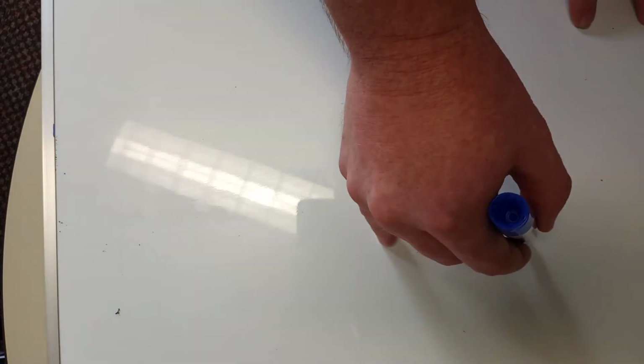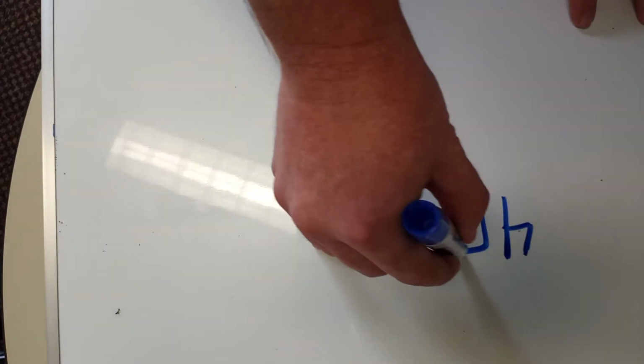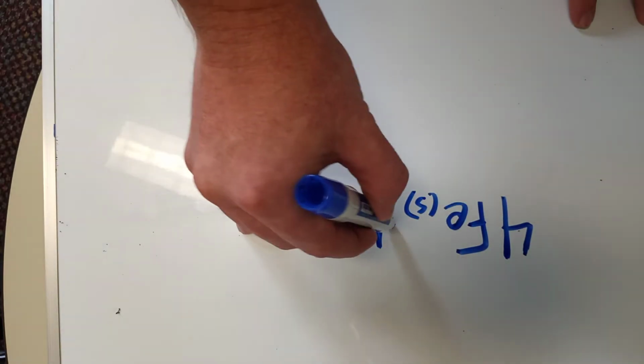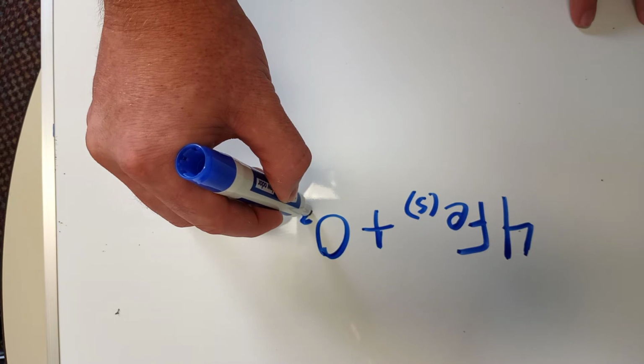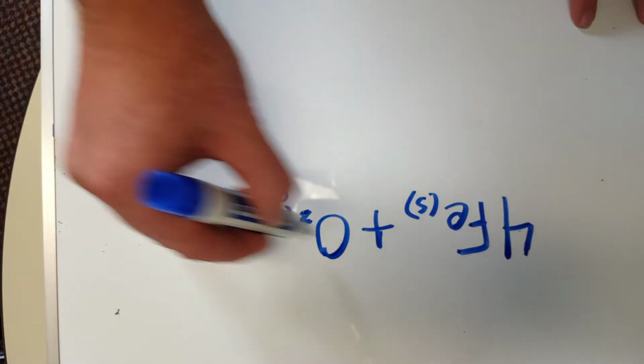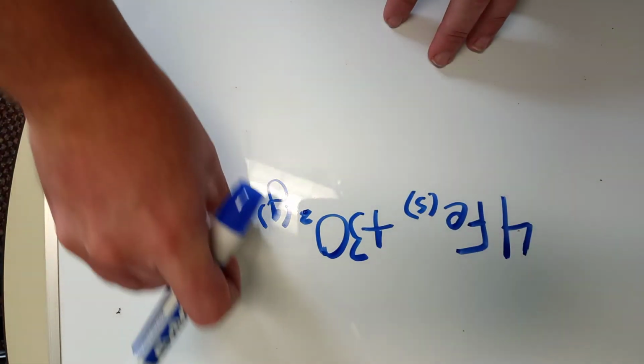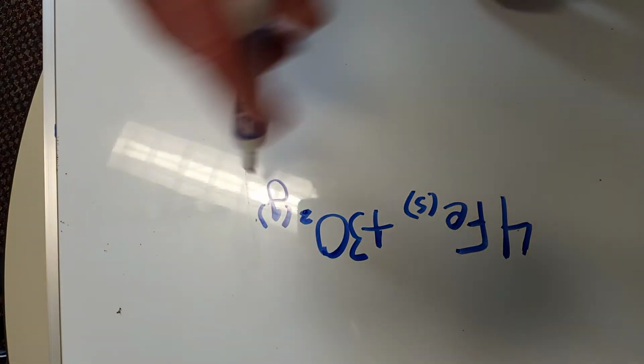So in the background information on the lab sims, you have an example synthesis equation of iron burning in oxygen to form iron oxide.